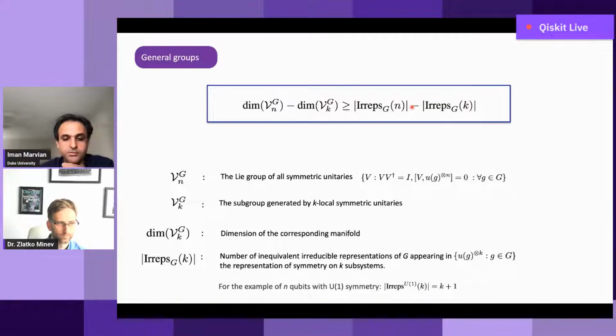To explain how it relates to the result that you saw previously, for group U1 on n qubits, you have n plus 1 inequivalent representations corresponding to Hamming weight 0, Hamming weight 1, all the way to Hamming weight n. On k qubits, you have k plus 1. So on the right-hand side, you have n plus 1 minus k plus 1, which is n minus k.